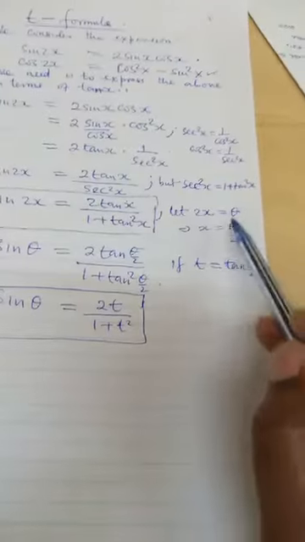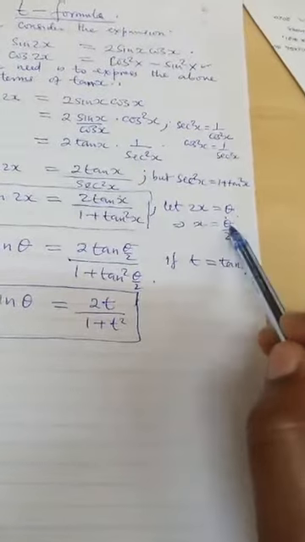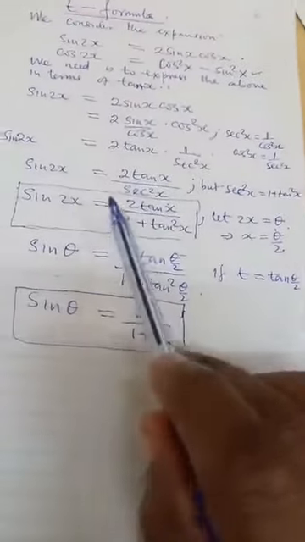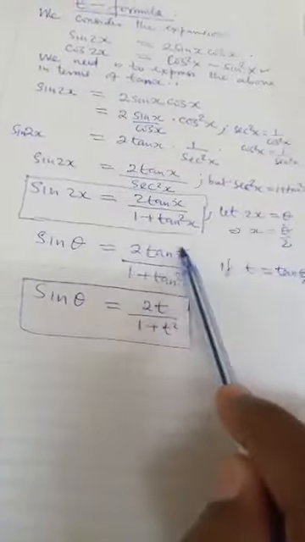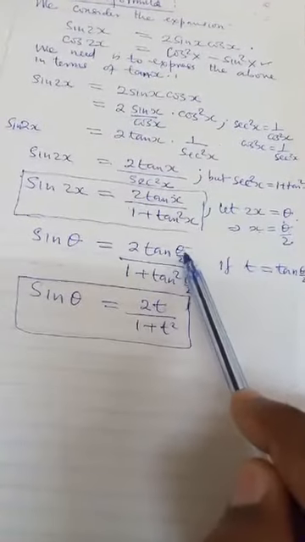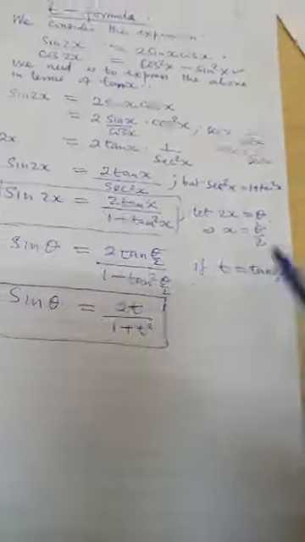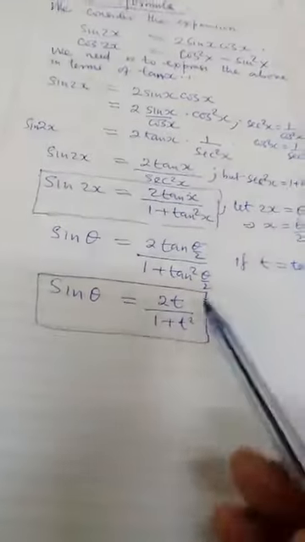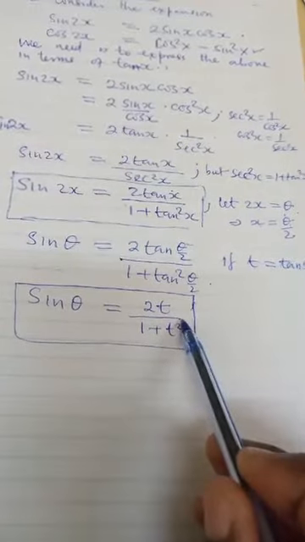If we consider 2x as theta, and therefore x becomes theta over 2, when we make it the subject, we can rewrite this and say the sine of theta is equal to 2 times tan of theta over 2 over 1 plus tan squared of theta over 2. Now if we further let tan theta over 2 be represented by t, we come up with the T formula for sine theta.